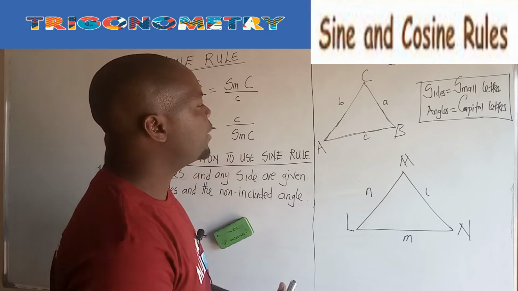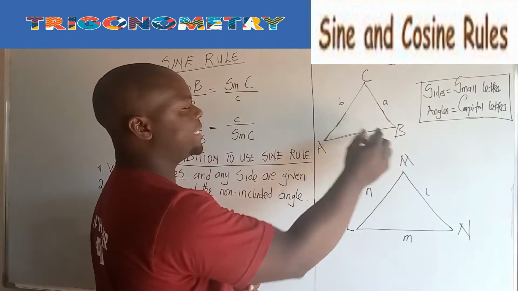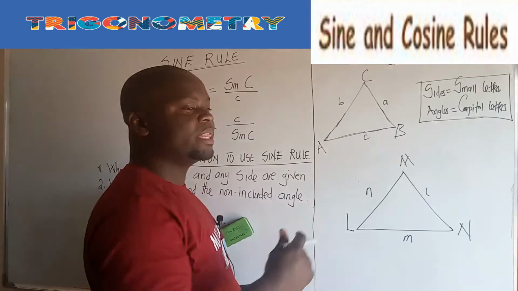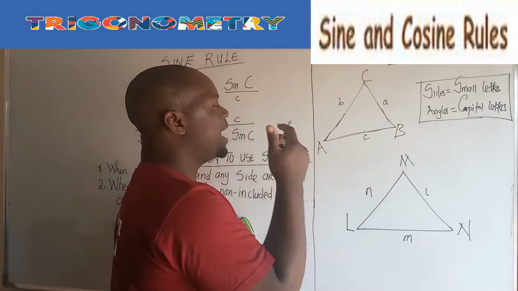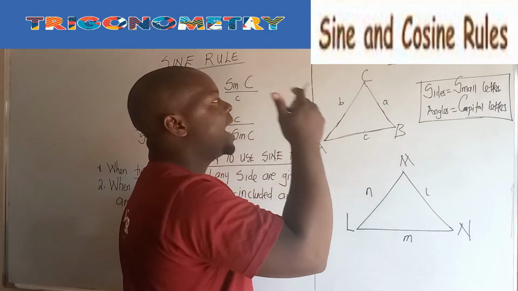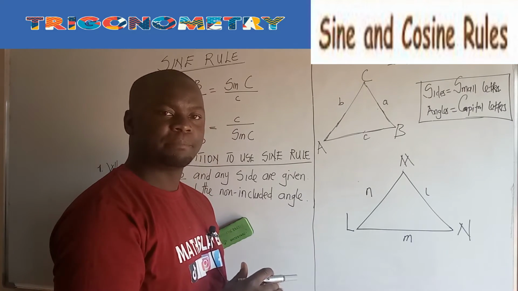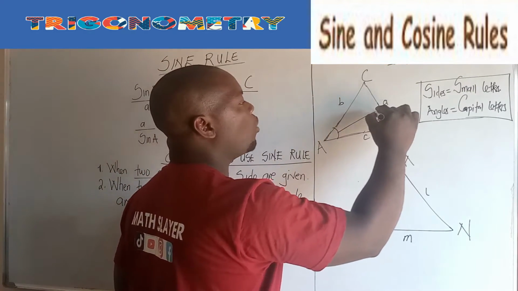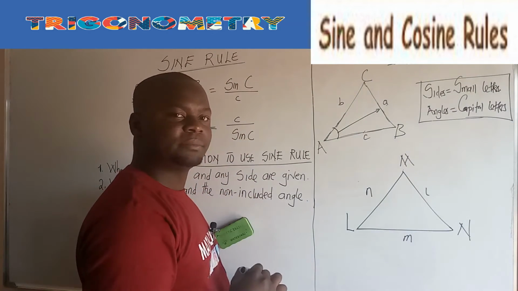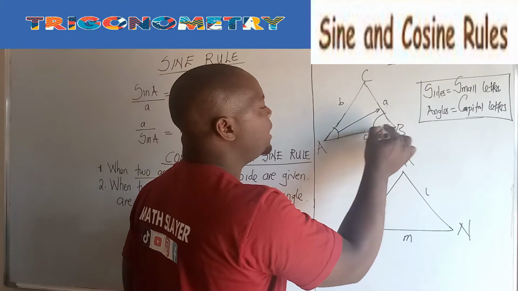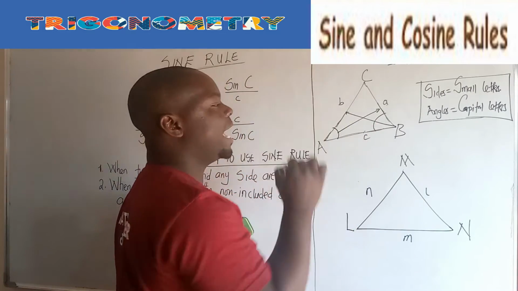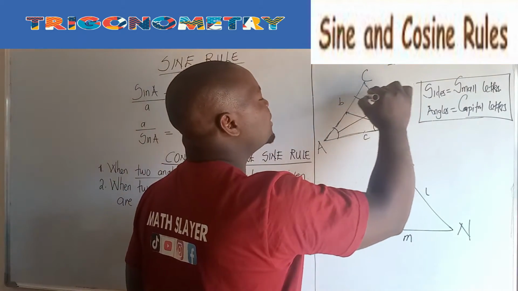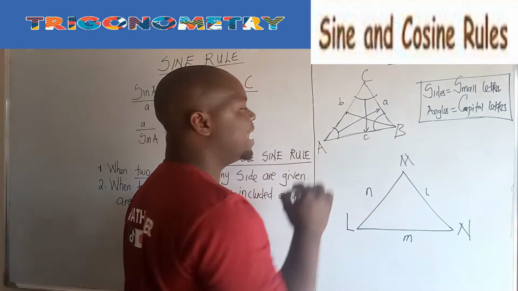So if we have triangle ABC, this is an angle, this is an angle, this is an angle. That's the reason why they are having capital A, capital B, and capital C. Now the side which is opposite to angle A is called small letter a. A side opposite to angle B is named small letter b. And finally, a side which is opposite to angle C is small letter c.